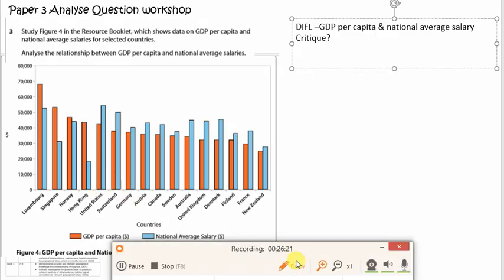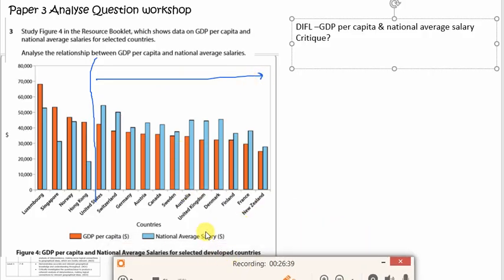If I can figure out how to use this stupid tool. It's irritating. Why ain't that working? Alright, here we go. So all these have higher national average salaries than GDP per capita, right?